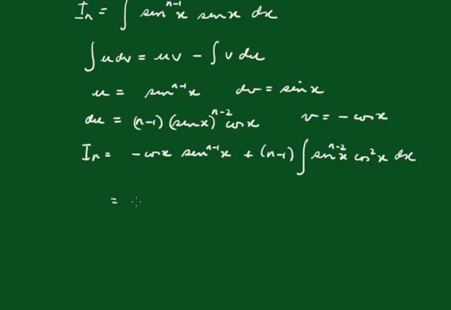Now we rewrite. This is a plus n minus 1 integral of sin to the n minus 2 x times 1 minus sin squared x dx.